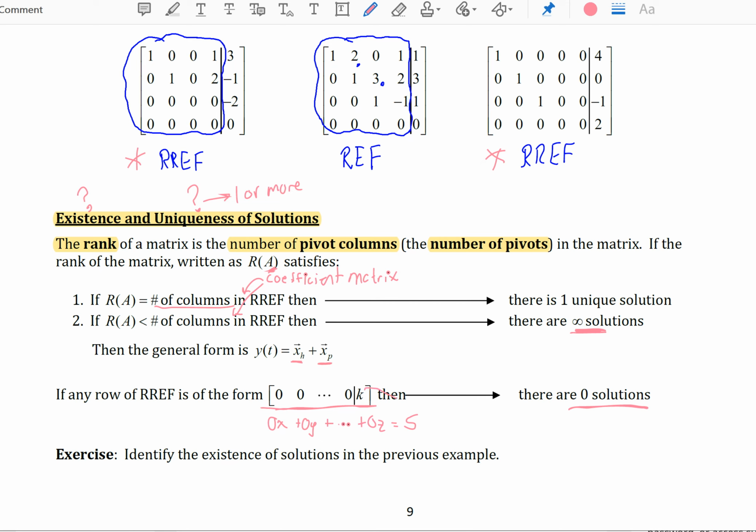Now I'm letting k be the number 5. It would mean there's no solutions, because how could you have 0 of this and 0 of that and 0 of that equals 5? That doesn't make sense. A bunch of zeros does not equal 5. That's what tells you there are 0 solutions.